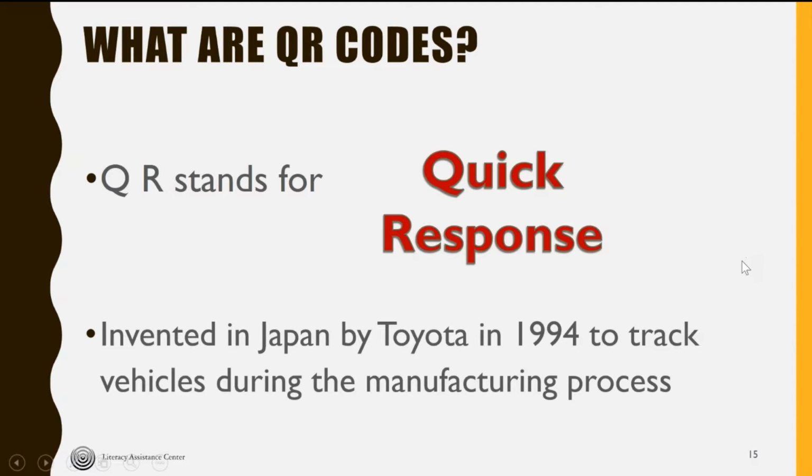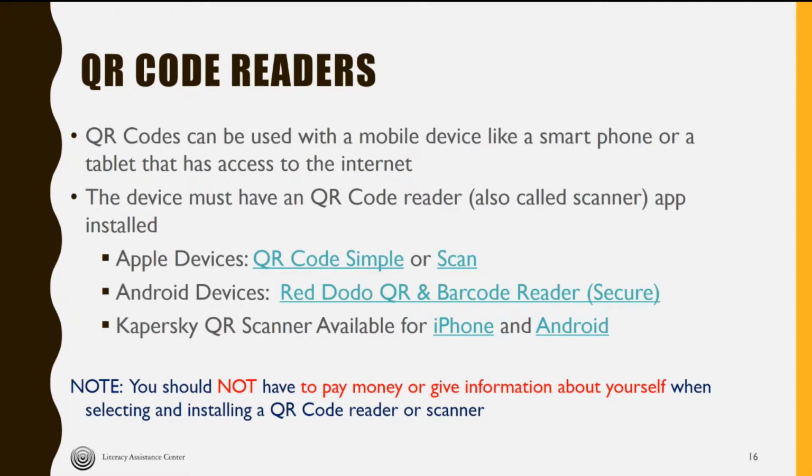So once the majority of people had these scanners basically in their pockets, the QR code became something that marketers thought was really great. You do need to download an app onto your device, and your device does need to have a camera. So an e-reader won't work, but anything that you can download an app onto and that has a camera, you can use for scanning a QR code.